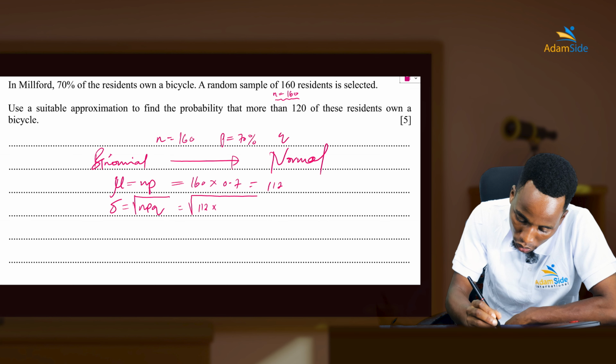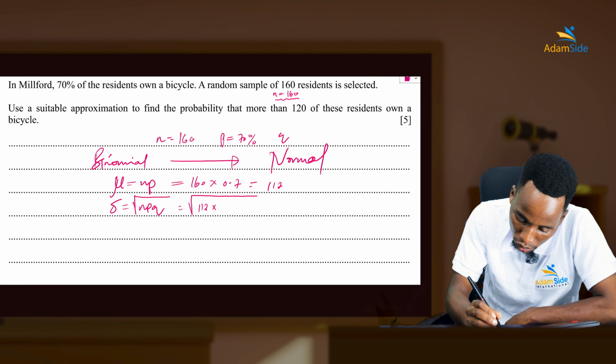So in standardizing, we know Z is given by x minus mean over standard deviation. So if we standardize, it will be 120.5 take away the mean, which is 112, over the standard deviation, which is the square root of 33.6. If we key it in the calculator, it's going to be 1.639.